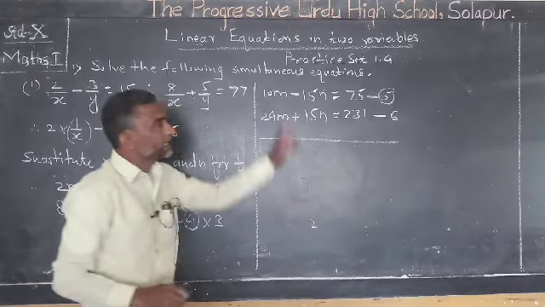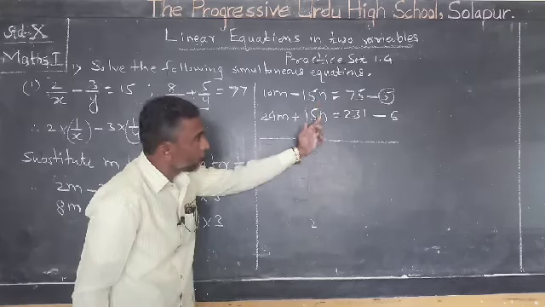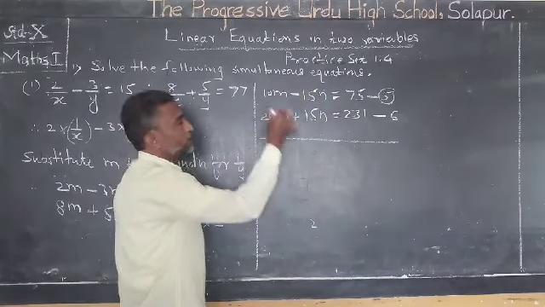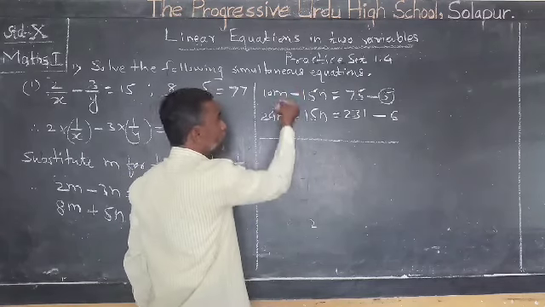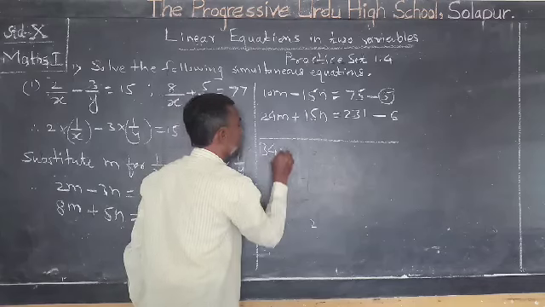Now if you add these two equations, the term containing the variable n will be eliminated. So adding 5 and 6, 10m plus 24m, that is 34m.